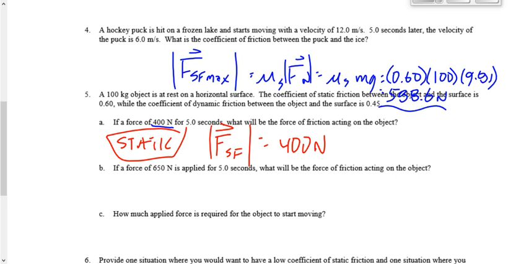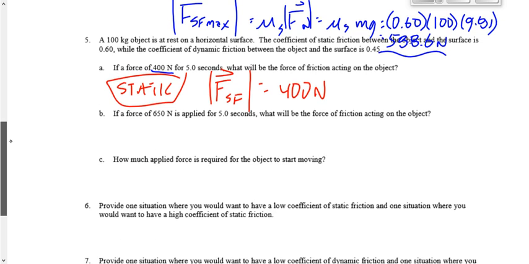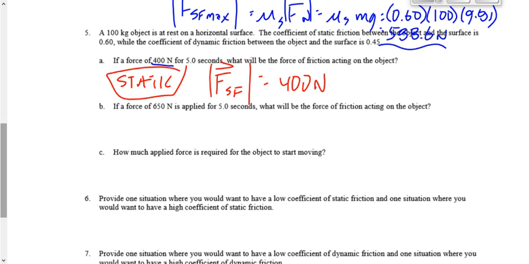All right, B. Force of 650, 5 seconds, again, doesn't matter. If I apply a force of 650, does it move? Yes. If I apply a force of 650 for 5 seconds or 0.1 seconds, it moves. So what kind of friction do I have? Kinetic. So Ben, what do I got to do here now? Well, there is no max kinetic.